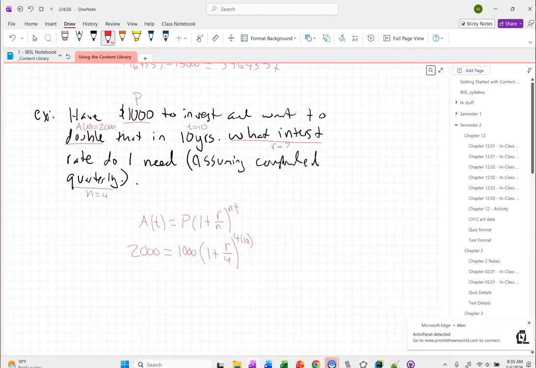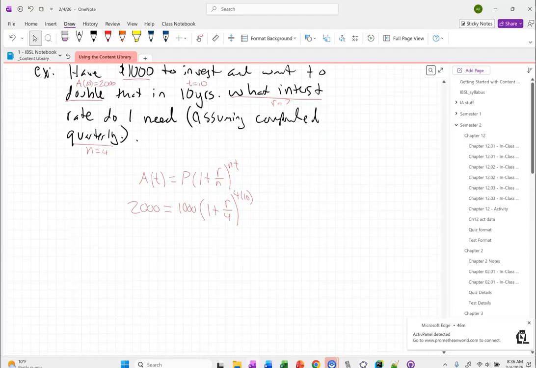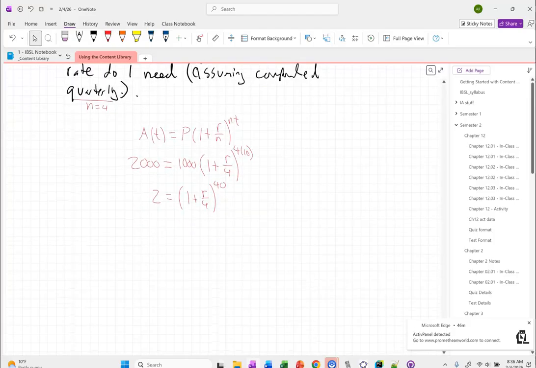Everybody feel good? To solve for R, I'll begin by dividing both sides by 1,000. And then I'll take the 40th root of both sides. Now that's an even root, so technically I'm getting a plus or minus here. Why do I know I can ignore the minus?